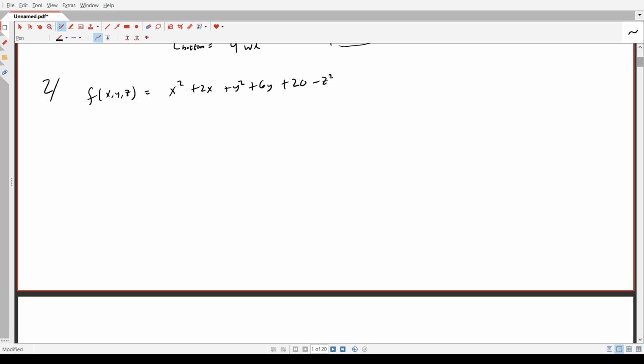So the level surfaces are the sets that we get of all values where this is equal to some constant. Okay, it says for what values of C is the surface with the equation f of x, y, z equal to C a hyperboloid of one sheet, and when is it a hyperboloid of two sheets?